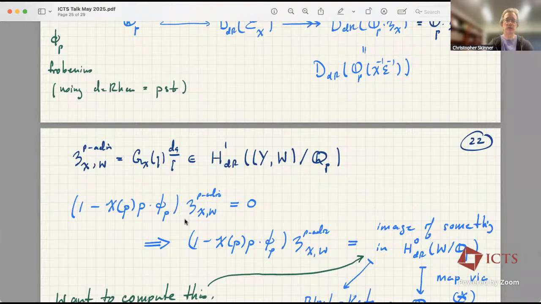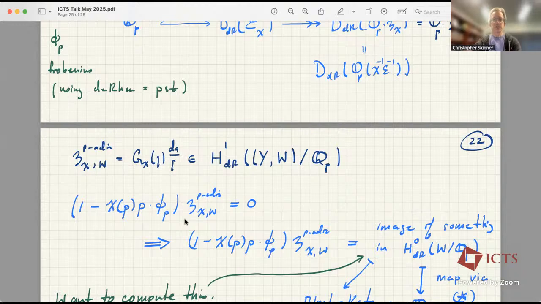Now here we're in a nice situation: our Eisenstein series G chi had constant terms that are 0 at the infinity cusps, so it actually gives us a differential that vanishes at W. So we can think of it as defining a class in cohomology, in the relative cohomology already. So we can actually write down a nice lift, and that nice lift is in fact just the image of the Eisenstein series that we were writing down before.